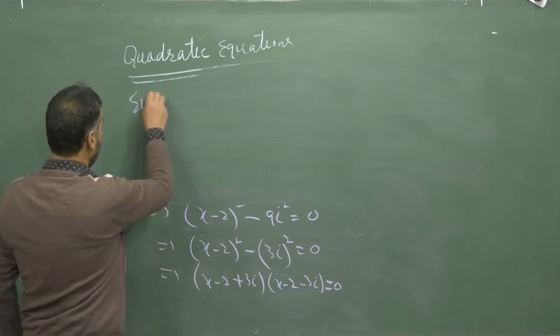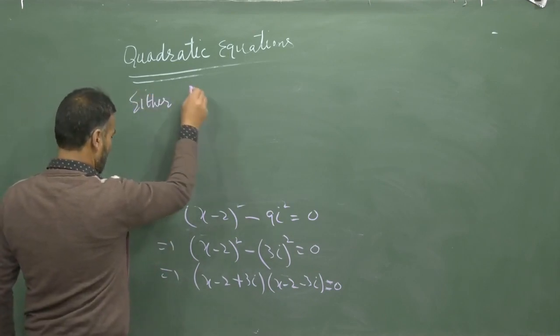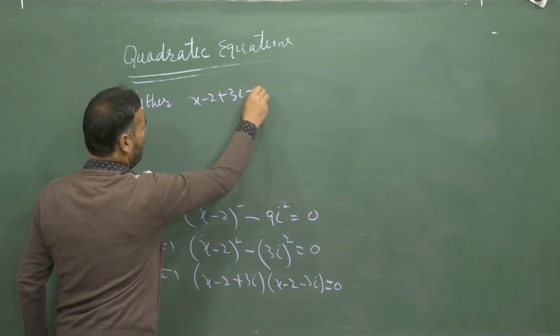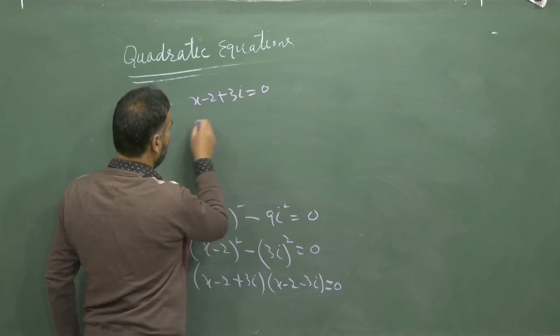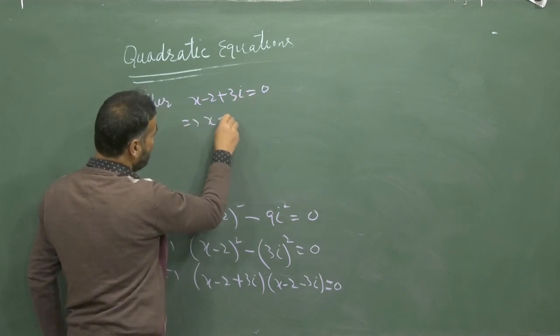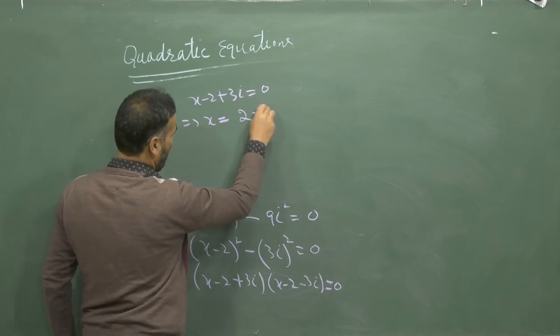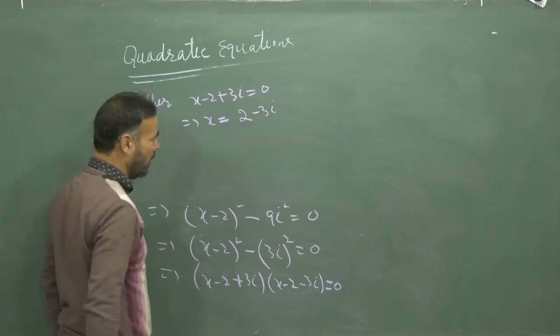That is either x minus 2 plus 3 iota will be equal to 0. This indicates that x will be equal to minus 2, it will become plus 3 iota, will be minus 3 iota.